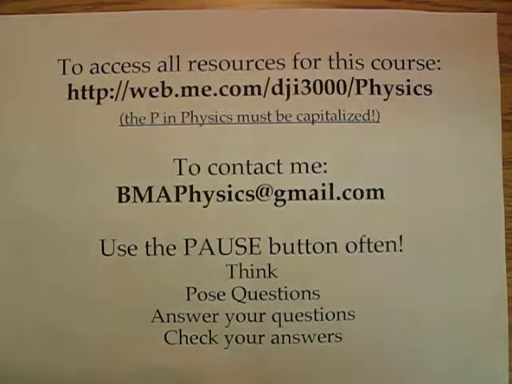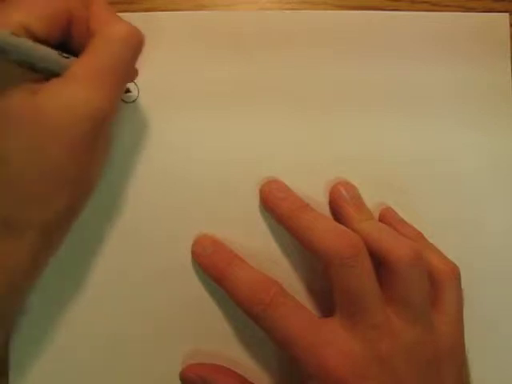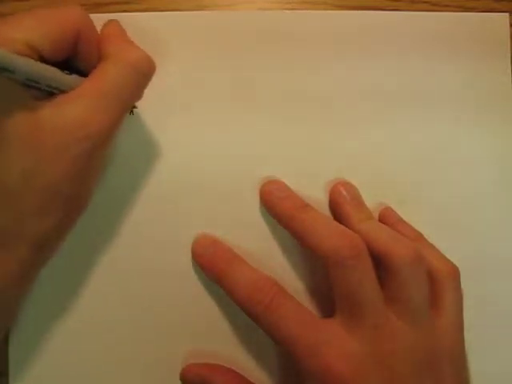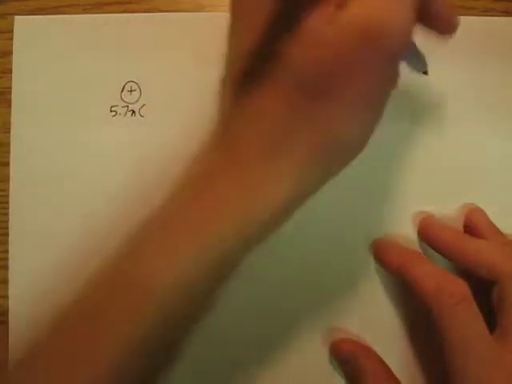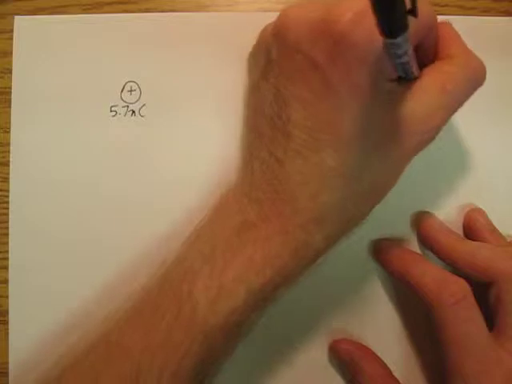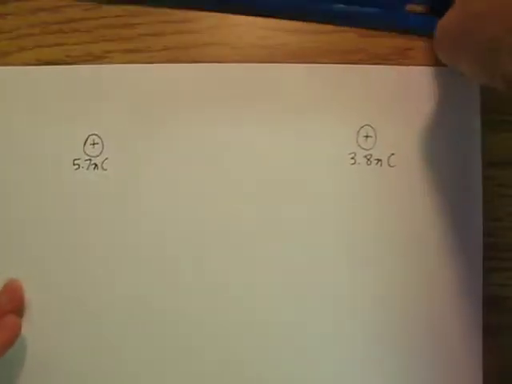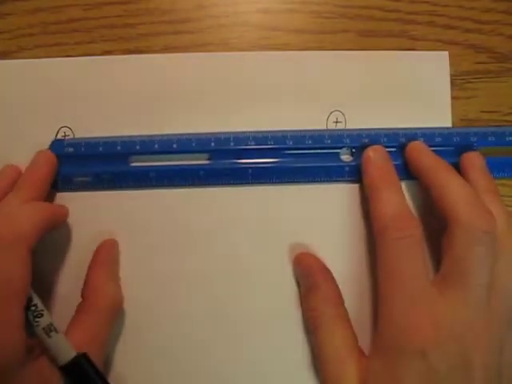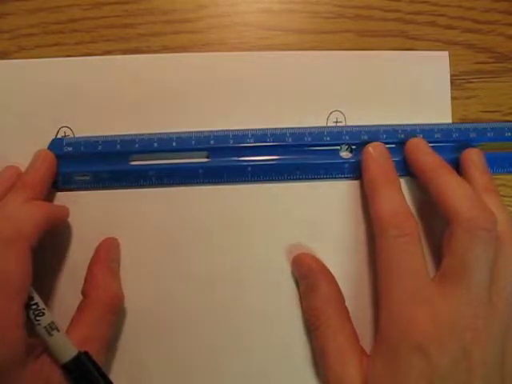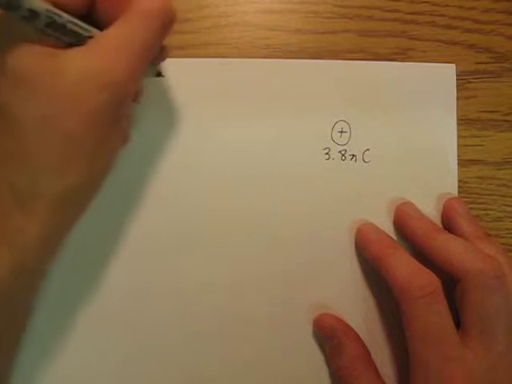So I'm going to do just a sort of a standard example problem. I'm going to say I've got a charge here that's positive 5.7 nanocoulombs, and I've got another charge here that's positive 3.8 nanocoulombs, and they are separated by a distance of 14.7 centimeters.